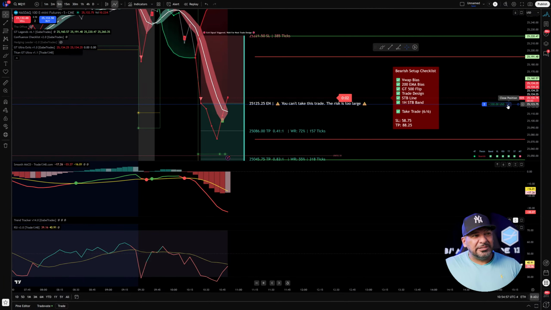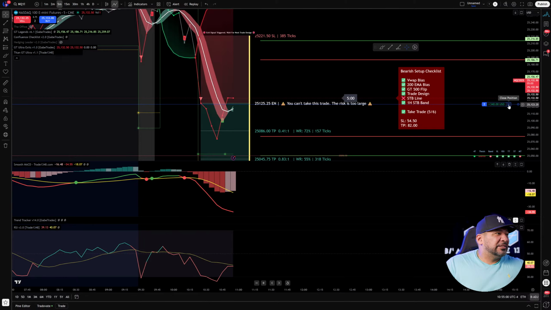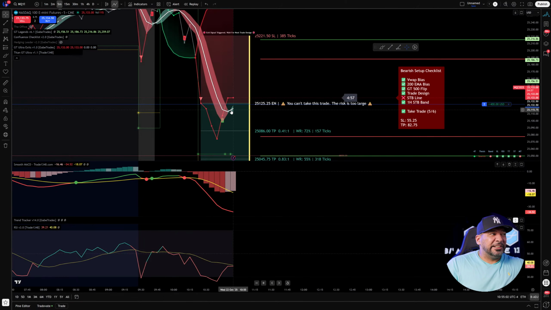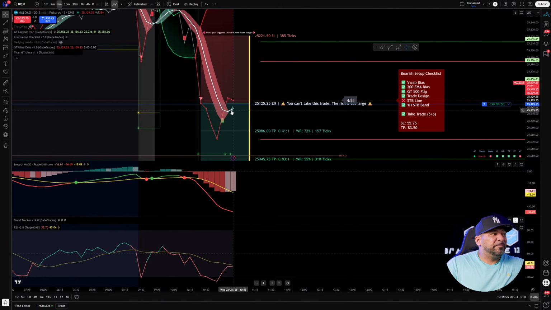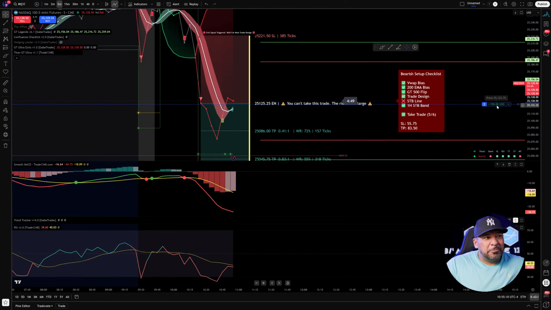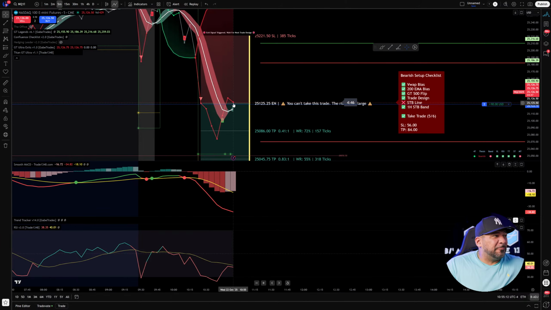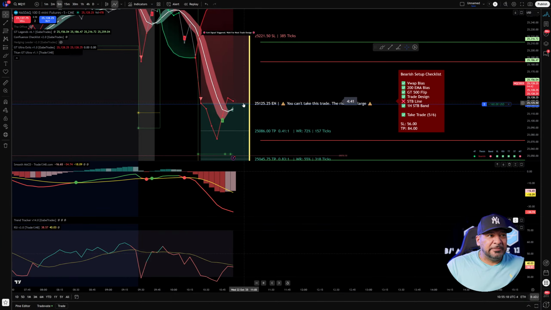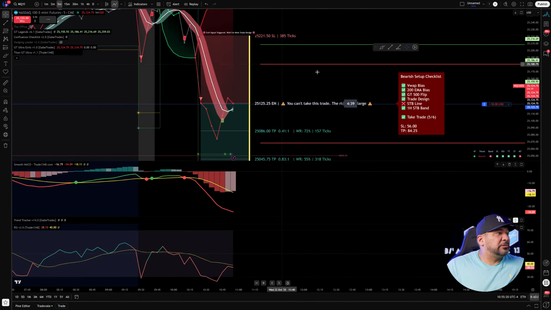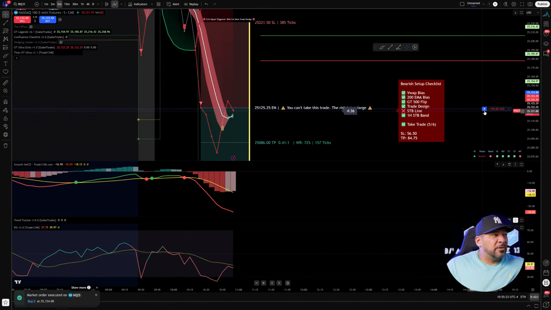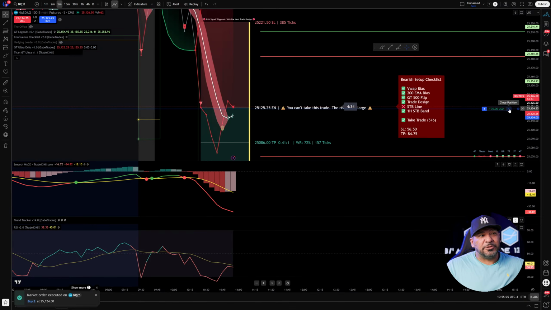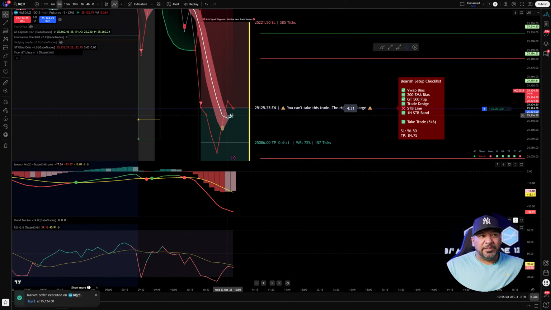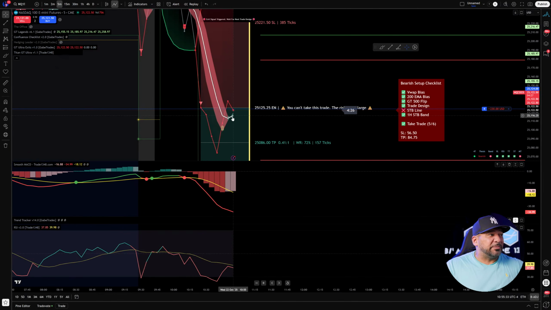So here we go. We're up a decent amount. All right. Now we got it green, right? Now it's green. What it has done is, because it went green, it's giving me additional confirmation. So we're now at 2 contracts, add 2 more contracts. It went green, it gave me additional confirmation. Same rules apply.